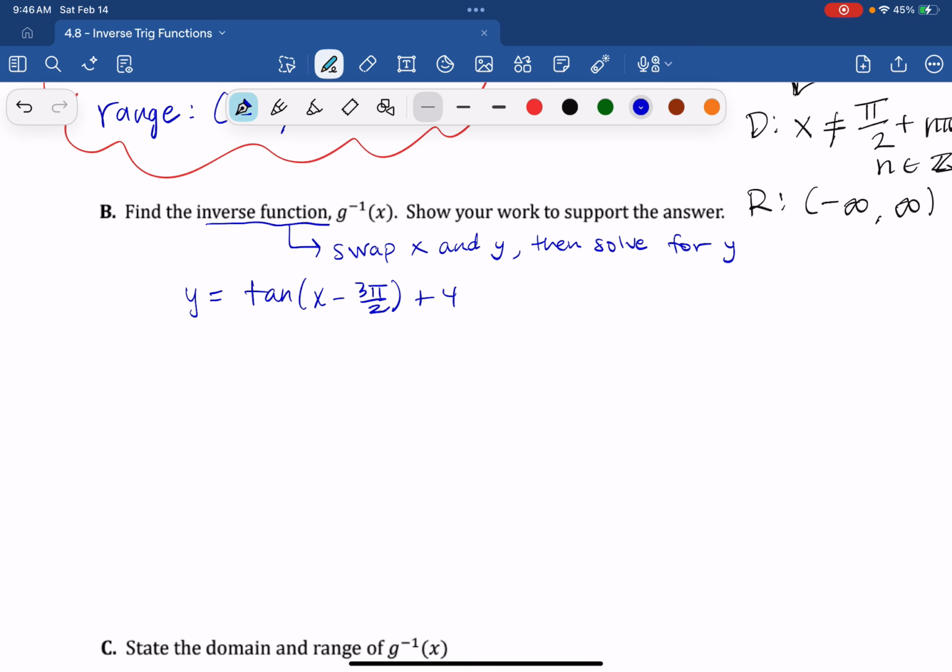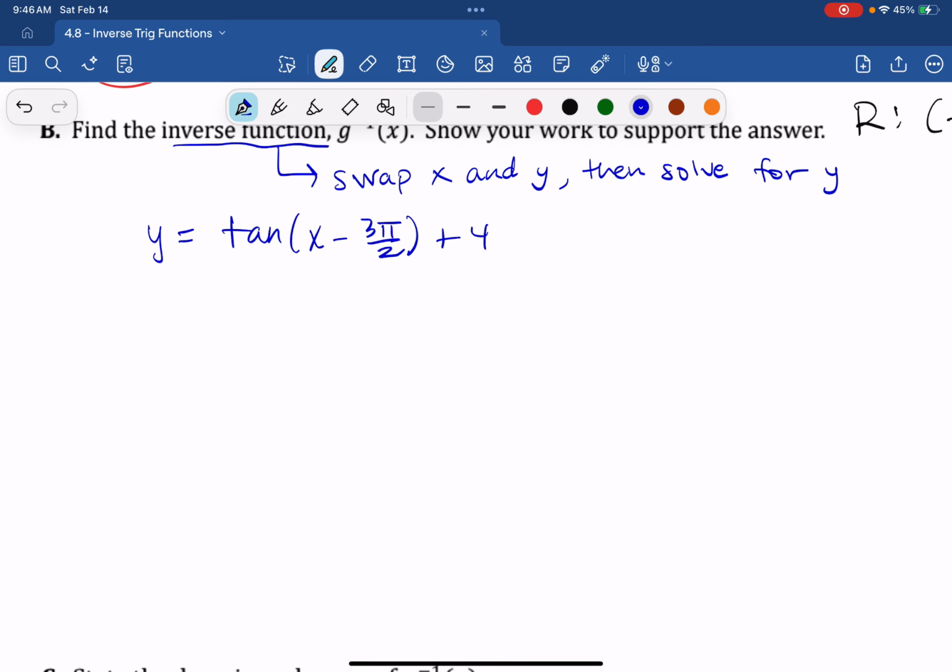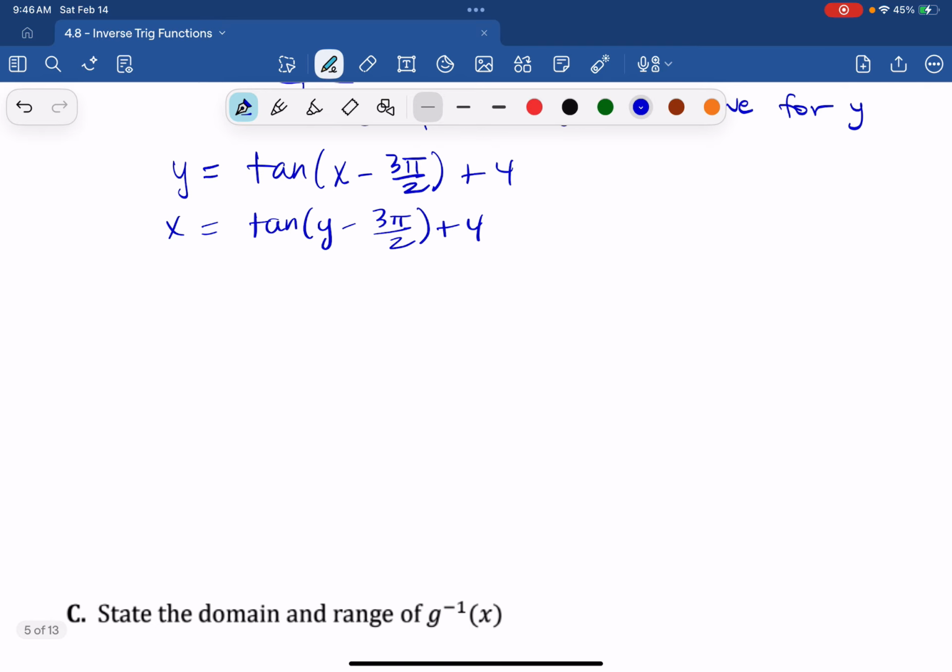So the first thing we're going to do is swap x and y. So I'm going to now say x equals the tangent of y minus 3 pi over 2 plus 4. So now we need to solve for y. So I need to move this 4 by subtracting it. X minus 4 equals the tangent of y minus 3 pi over 2.